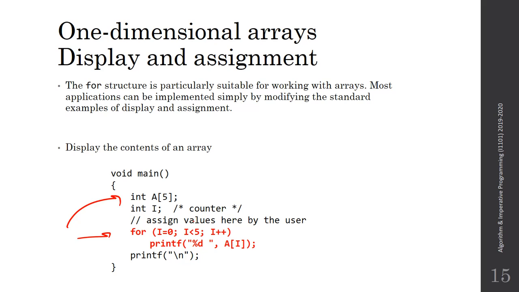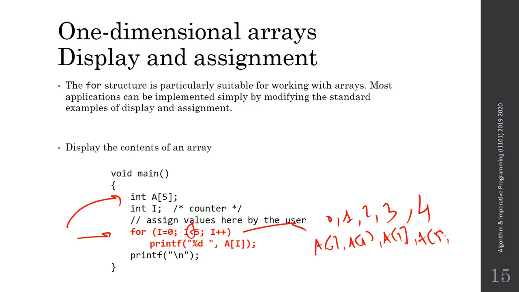So look well, there's a strictly less than here, not less or equal. So it's i equal to 0, i less than the dimension, and i++. So this is the loop. I will start 0, 1, 2, 3, and 4. And for each i I will printf a[0], a[1], a[2], a[3], and a[4]. So this is it, and then we'll go to a new line.